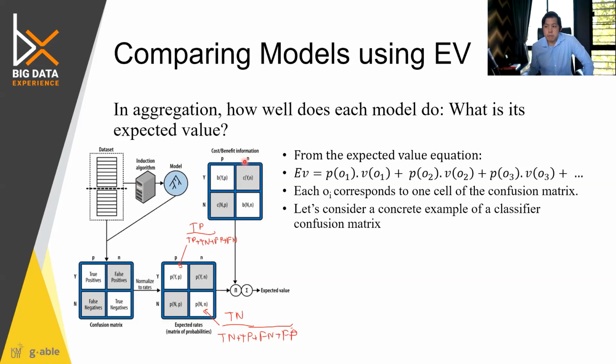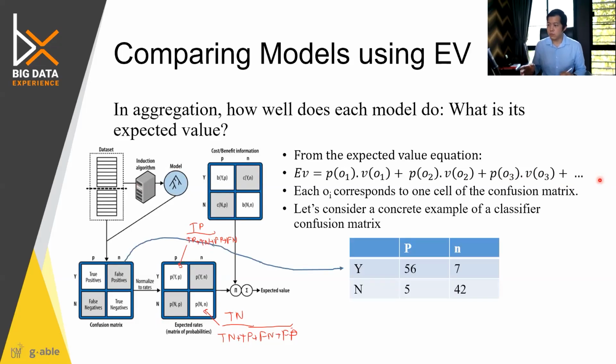What would be the expected benefit if we make a mistake? That could be a loss, right? Negative or benefit. So we can multiply this matrix with this matrix one by one, right? Using P outcome 1 and value outcome 1, plus P outcome 2, value outcome 2, P outcome 3, value outcome 3, P outcome 4, value outcome 4. Multiply everything together, right?